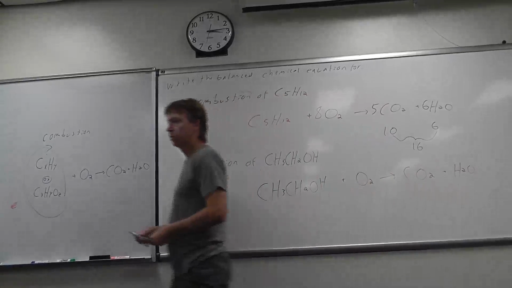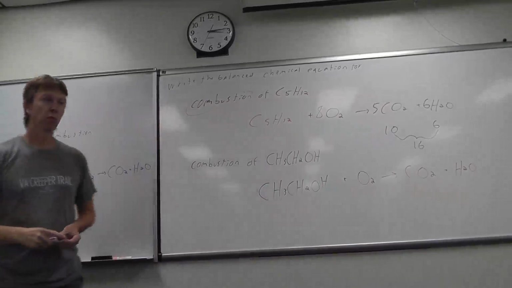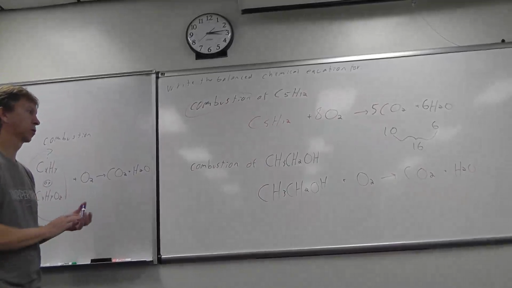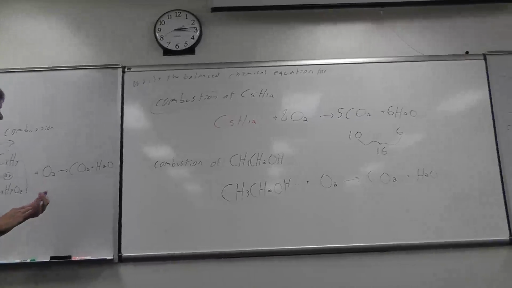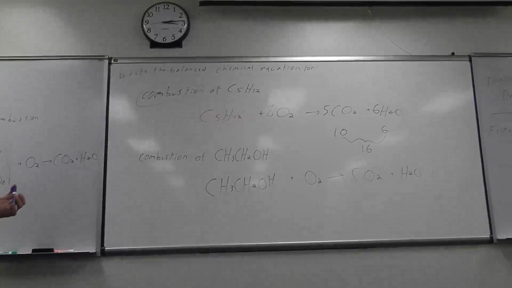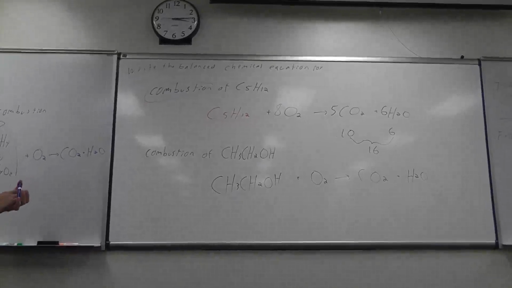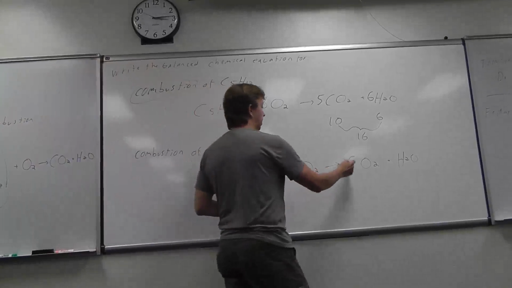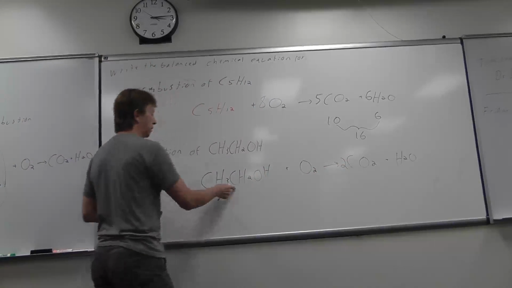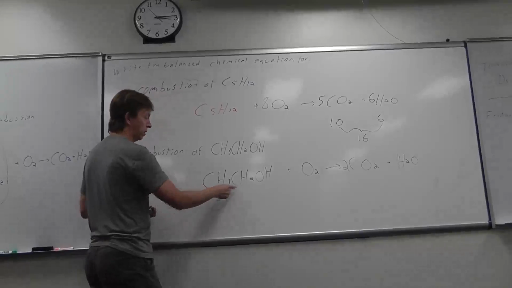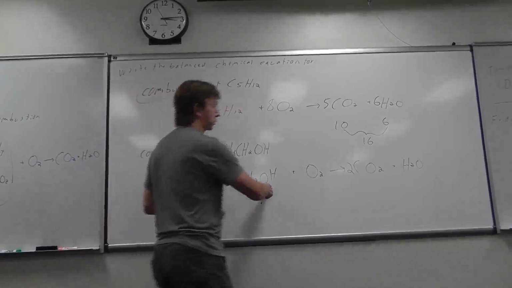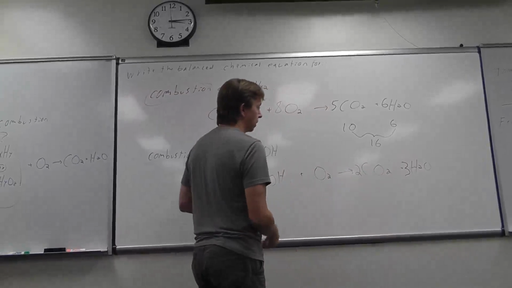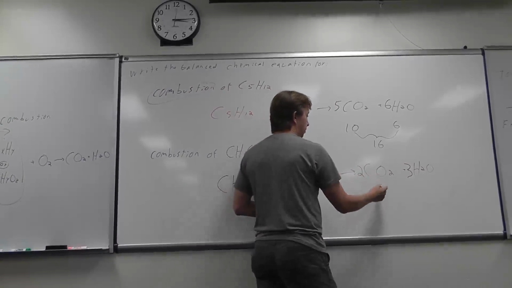This is the skeleton version of it before doing the balancing. But that's all your proper formulas. What are you going to do to balance carbon? Put a 2 in front of the carbon dioxide, because you've got 2 carbons over here. You've got 3, 4, 5, 6 hydrogens. So you fix that with a 3 over here. And then oxygens, this is 2 times 2, that's 4.